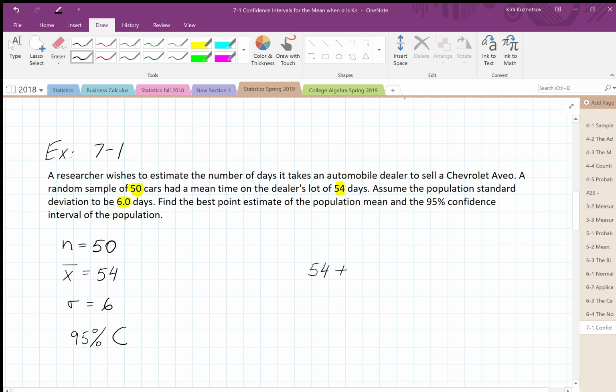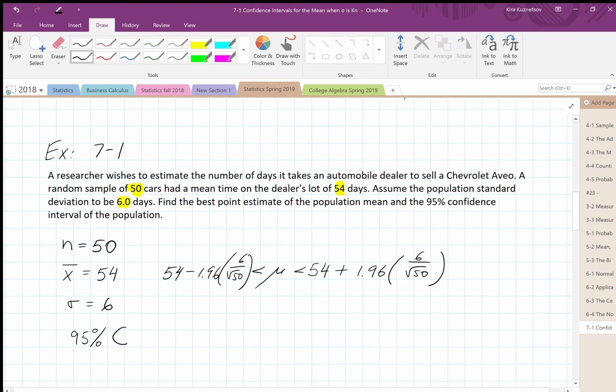And what you want to do is add the error. Now, 95% uses 1.96, and then 6 over the square root of 50 goes exactly right there. Now, this is where the mu is stuck, and 54 then minus 1.96 times 6 over the square root of 50 on the other side.